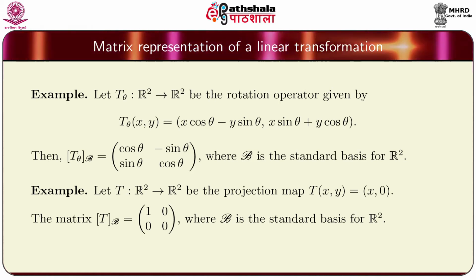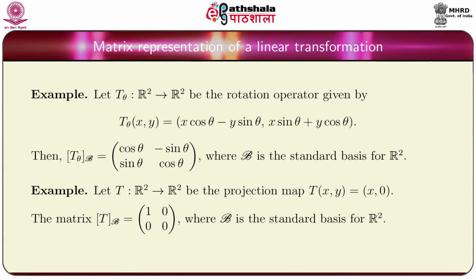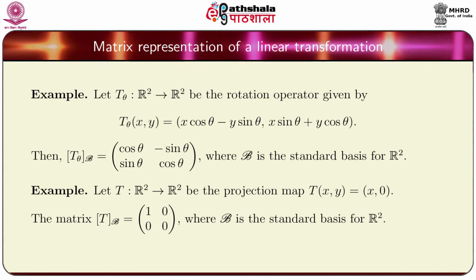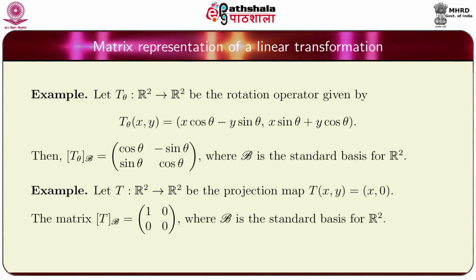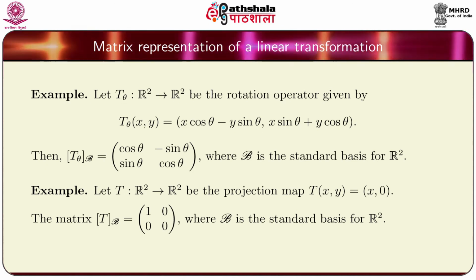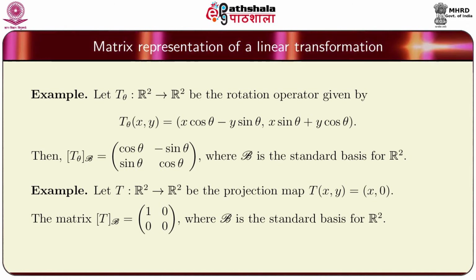So, if you look at the matrix carefully, then the first column is precisely the coordinates for T theta of E1, and the second column comes from the coordinates of T theta of E2.